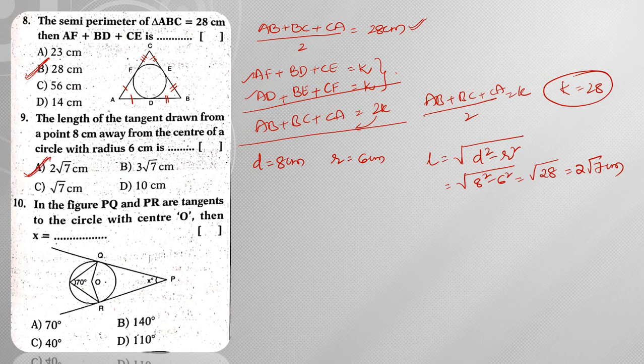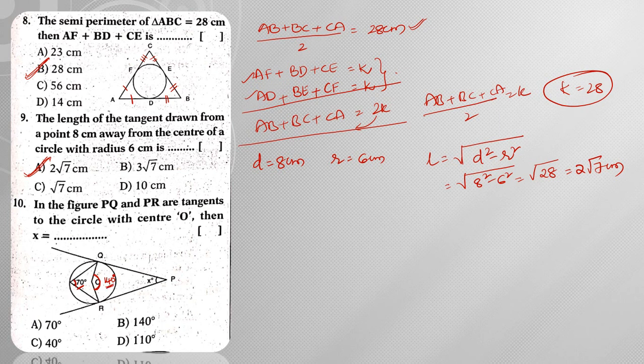Next, in the figure, PQ and PR are the tangents to the circle with center O. Then X is equal to. Now clearly, since this is 70 degrees, this is 70 degrees, then this would be 140 degrees, because if on the circumference the angle is 70 degrees, then at the center the angle will be doubled, right?